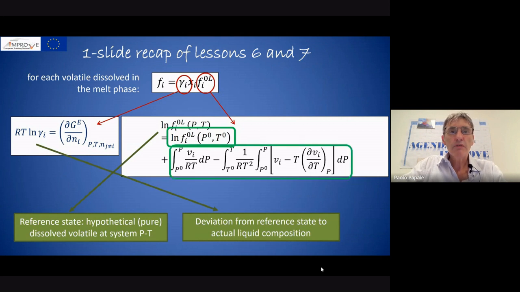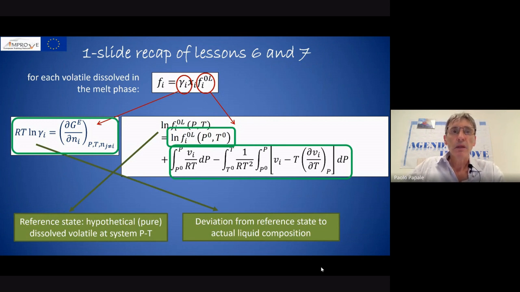A series of integral terms that depend on a reference volume, still to be defined, and that move the reference conditions from P0 and T0 to system pressure and temperature, and an activity coefficient that depends on the excess Gibbs energy and takes into account the real composition of the liquid, moving the conditions from those of the reference state at system pressure and temperature to those of the liquid with its effective composition.